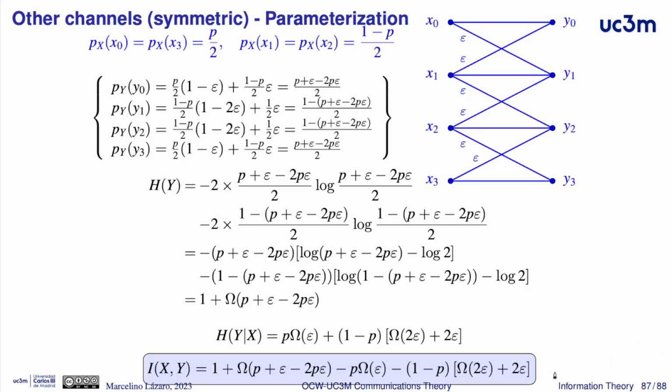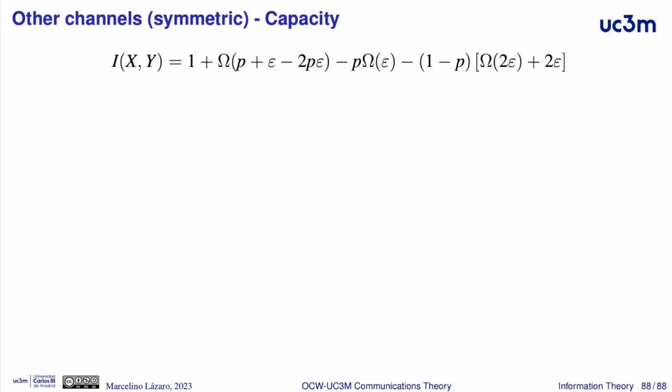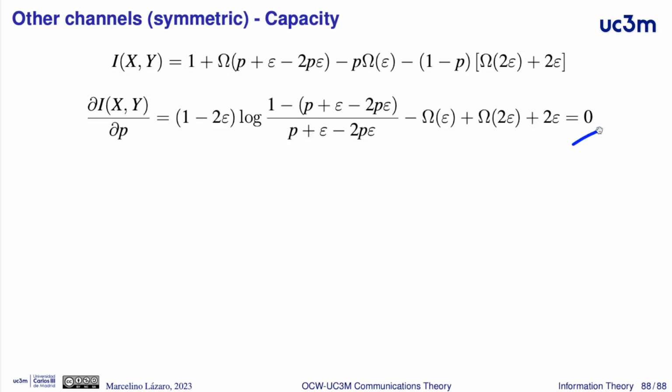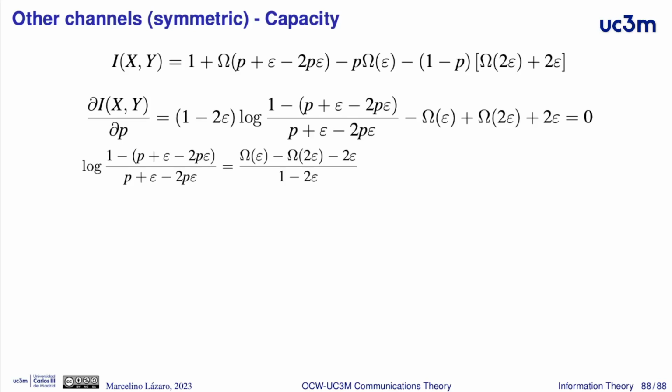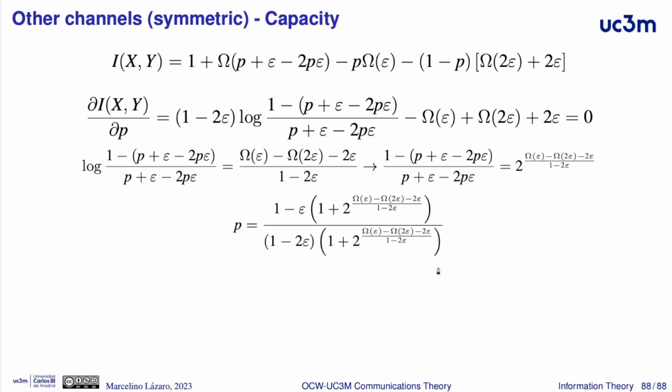Now, if we have the mutual information written as a function of a single parameter, to obtain the maximum of this function with respect to the parameter, we can equate to 0 the partial derivative of the mutual information with respect to this parameter. It's straightforward to obtain this derivative, and then the last step is to solve this equation for p.